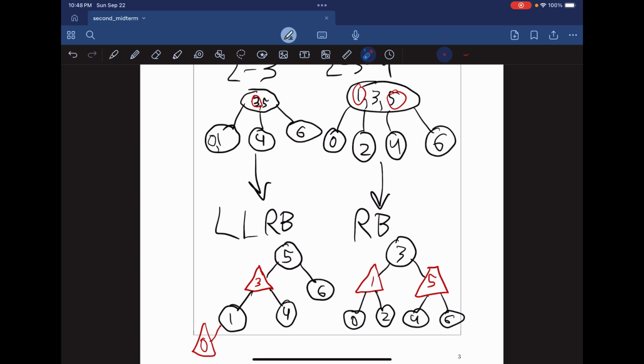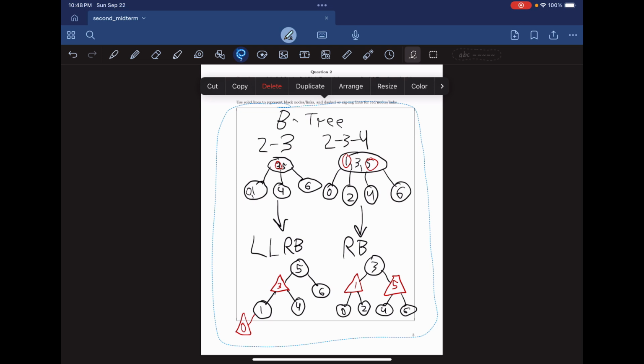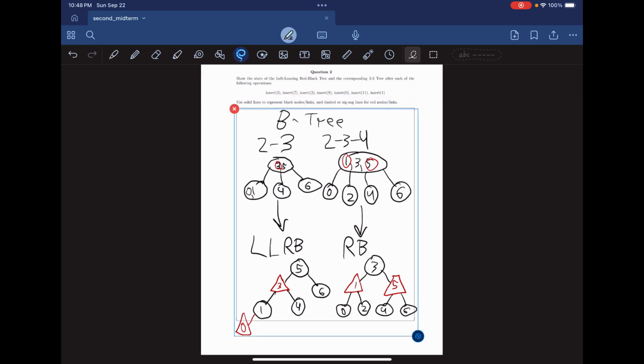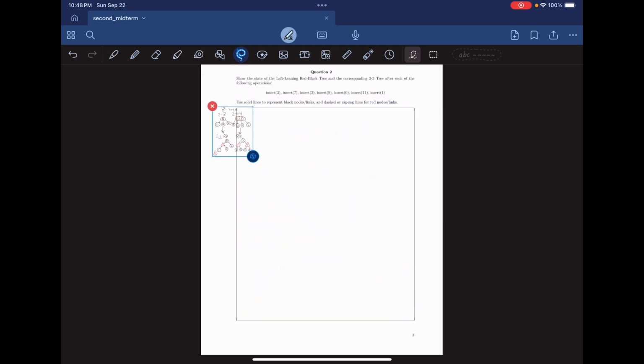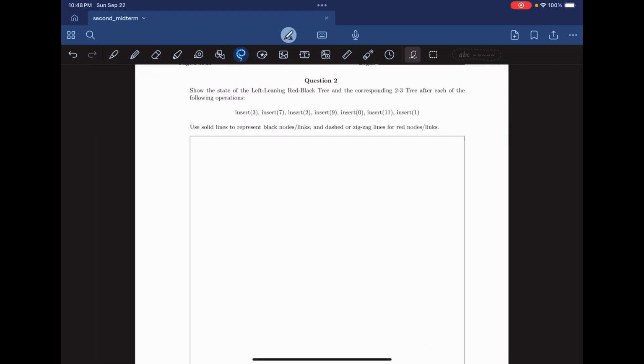So let's get back to the actual question at hand. I'm going to take all this and minimize it to the side for reference later. All right, so the question here is, again, I'm just going to repeat it real quick.